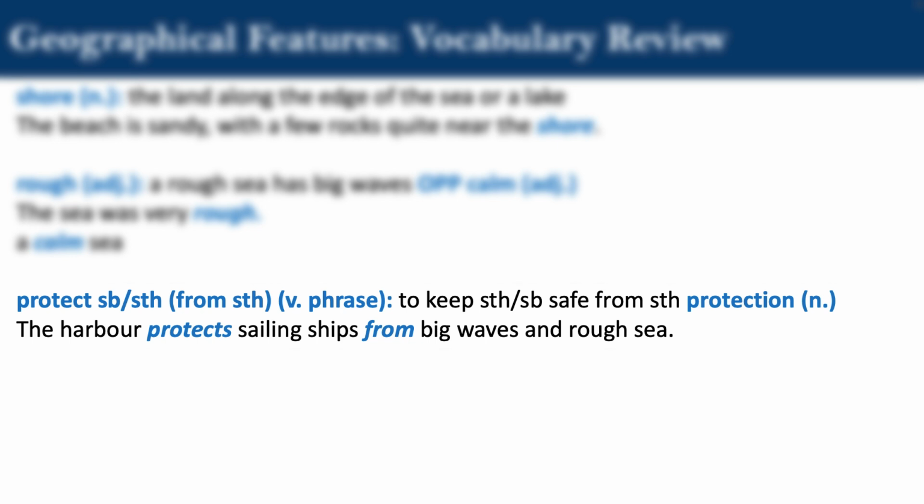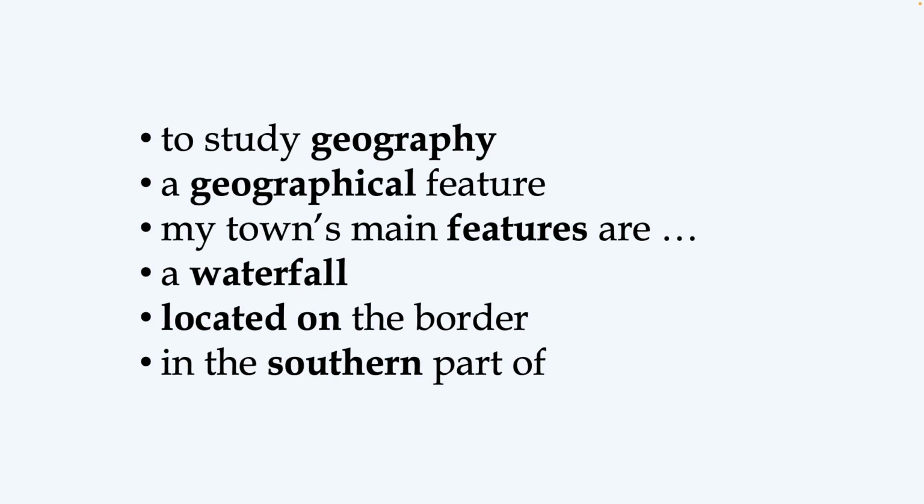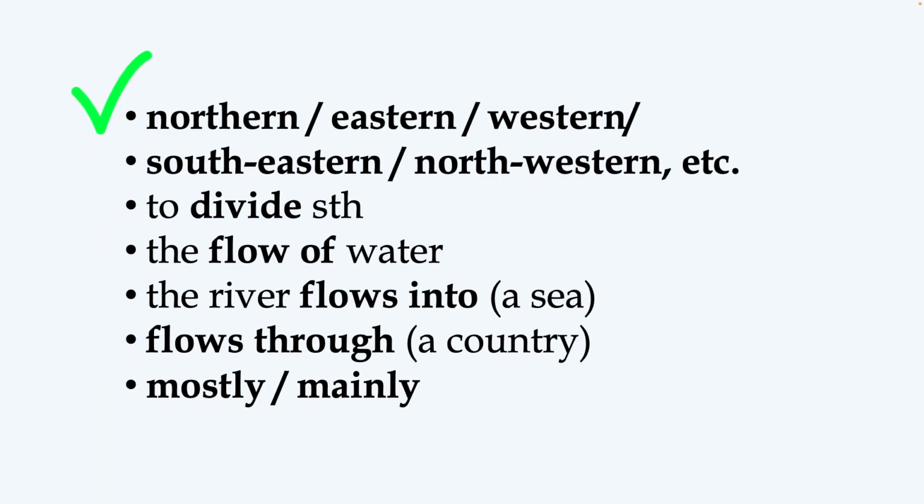Now, let's review all the words. To study geography. A geographical feature. My town's main features are a waterfall located on the border in the southern part of northern, eastern, western, southern, southeastern, northwestern, etc. To divide something.